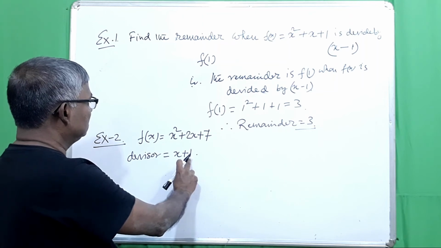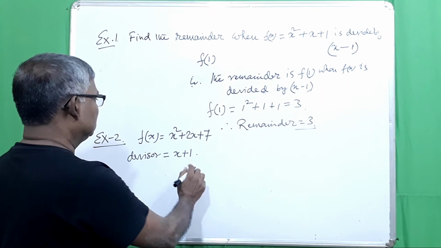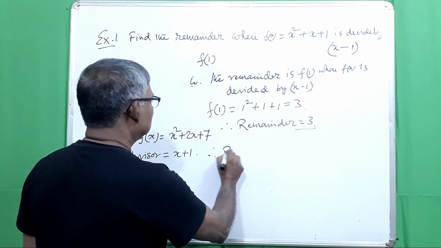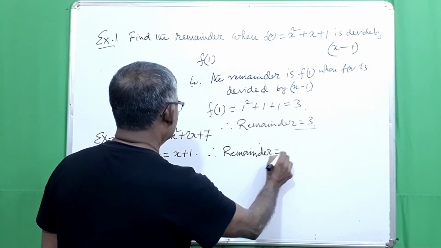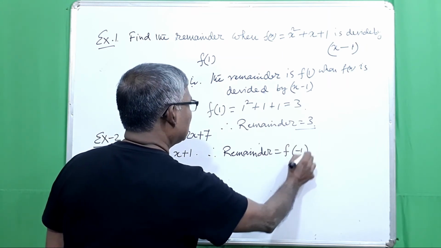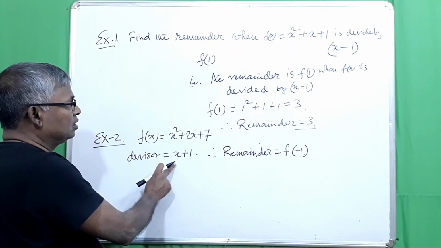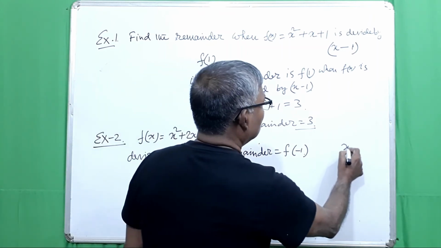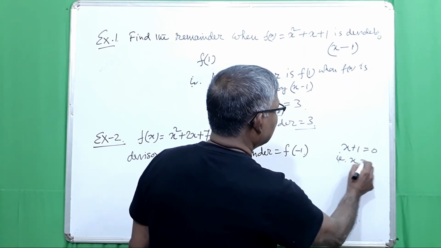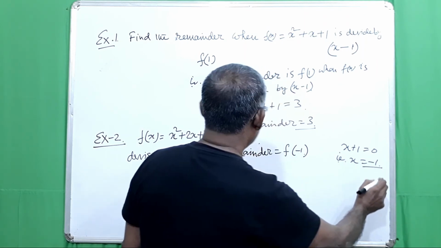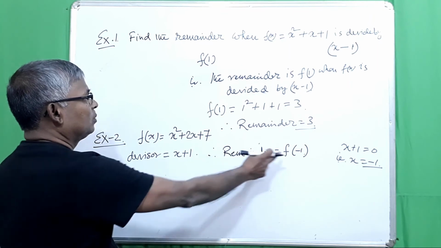Let us consider the polynomial x square plus 2x plus 7 and the divisor is x plus 1. That is f(x) is divided by x plus 1. Therefore the remainder is equal to f of minus 1. Students, the divisor is x plus 1. So let us put x plus 1 equal to 0. That is, we have to put x equal to minus 1. So in place of x, we have to put minus 1.